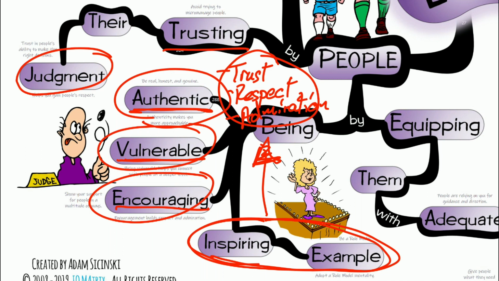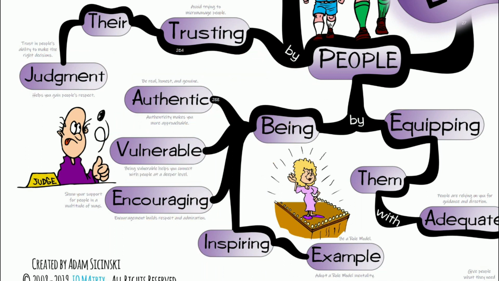So if you cover all these areas, 1, 2, 3, 4, 5, you address the idea of allowing people and trusting their judgment, being authentic, being vulnerable, being encouraging, and being an inspiring example and role model for people to follow.